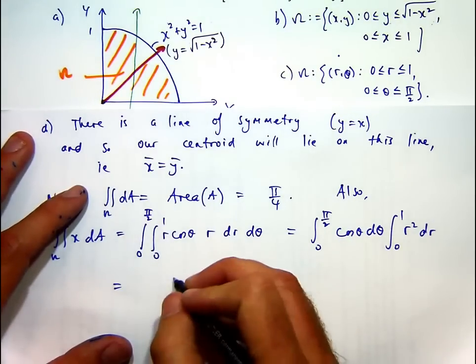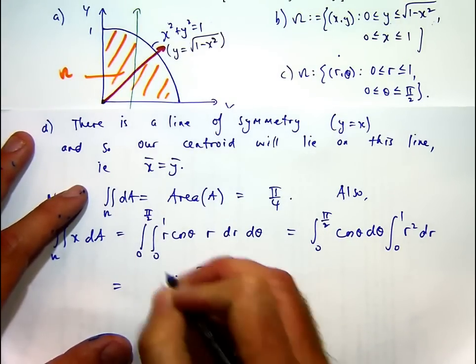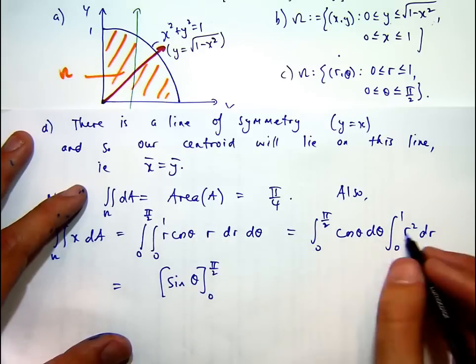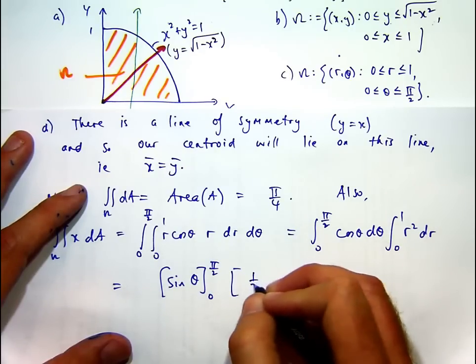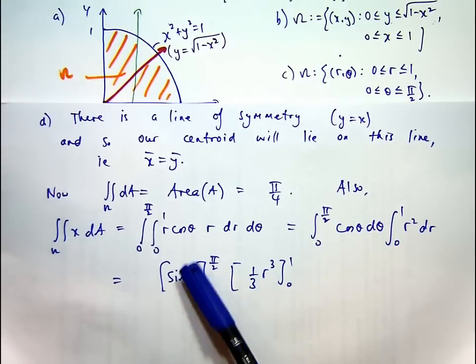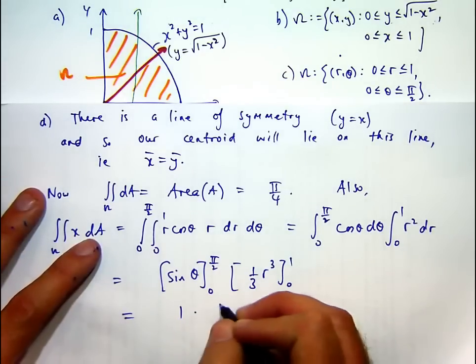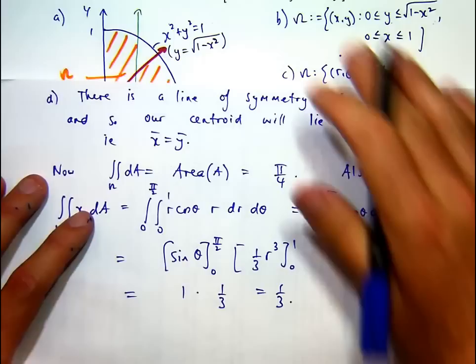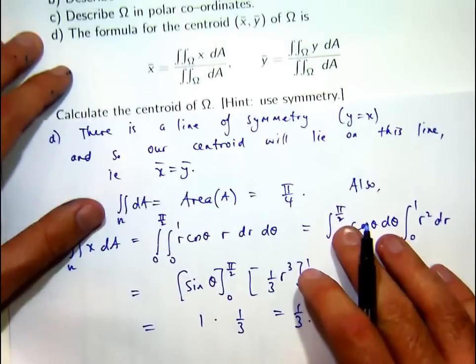So if I integrate cosine theta, I'll get sine theta. If I integrate r squared, I'll get the following. So this is going to give me 1/3, and this is going to give me 1. Okay, so what are our centroids?